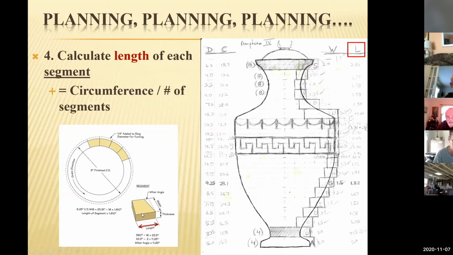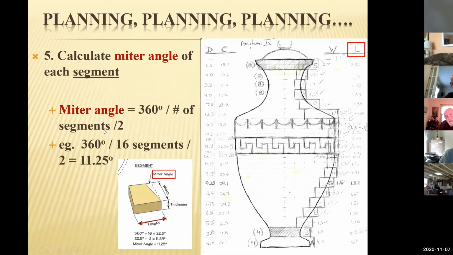So you need to calculate now the length of each segment. And that's simple. It's just the circumference divided by the number of segments. So 29-inch circumference on this one, the length would be 29 divided by 16, 1.8 and change.